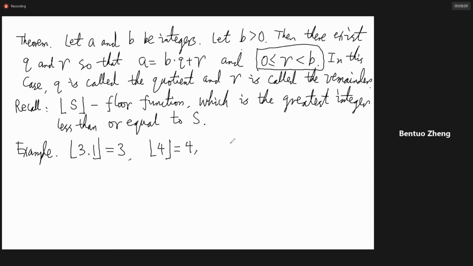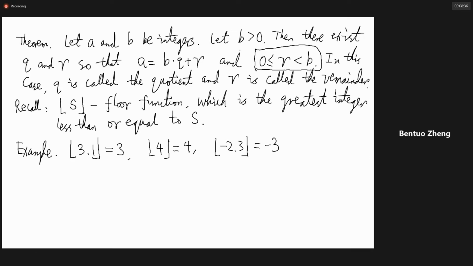And what about the floor function of negative 2.3? What is the greatest integer less than or equal to negative 2.3? This is equal to negative 3. Okay, this is the definition of the floor function. To prove this remainder theorem, we need to use the floor function. So let's look at the proof of the theorem.